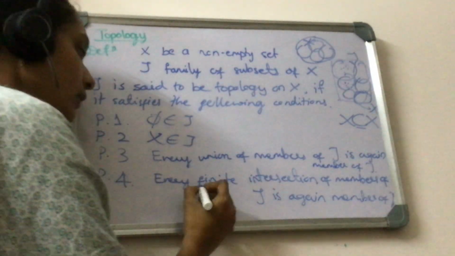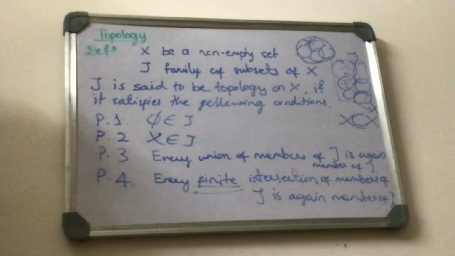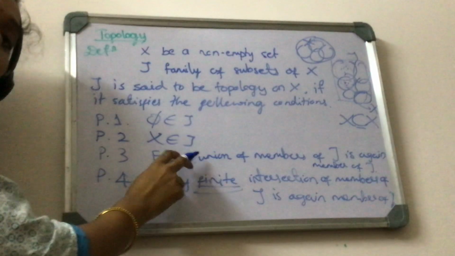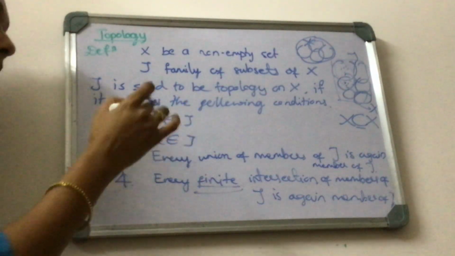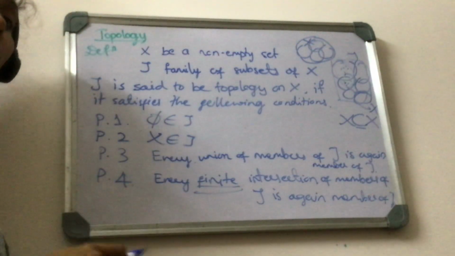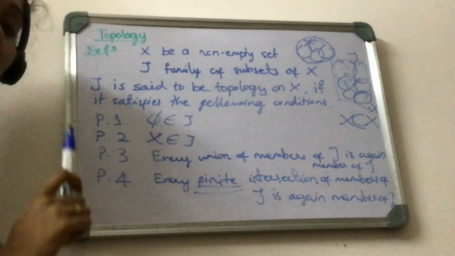Here one extra word we have added, that is finite. There is a lot of difference between this with finite and without finite. Here the union is of any number of members of tau, but while taking the intersection it is finite. That we will come to know afterwards, and there is a theorem on this also, why they have taken finite specifically.